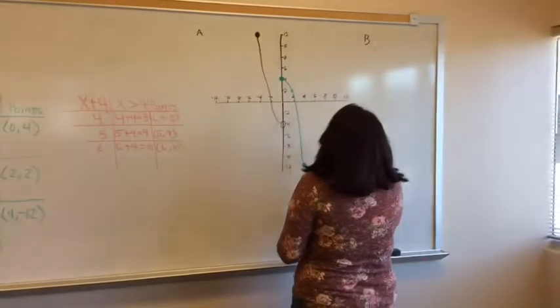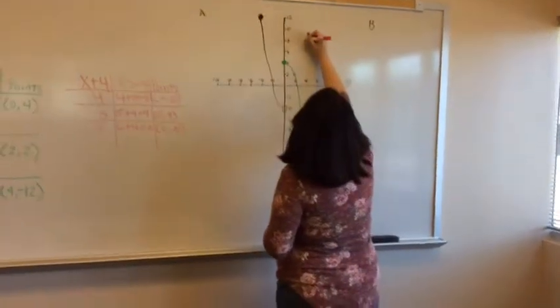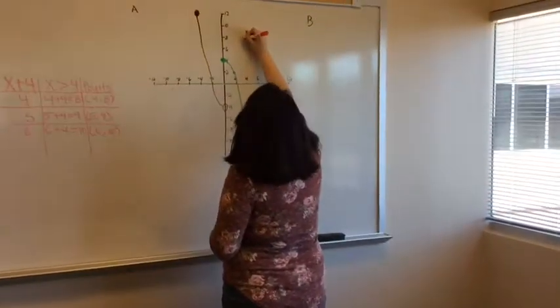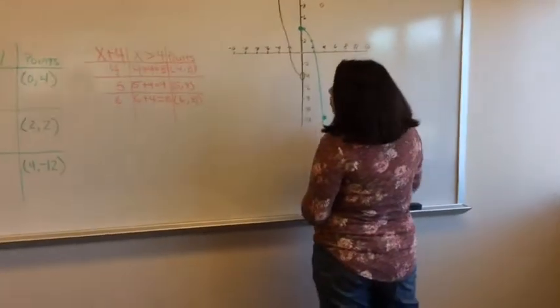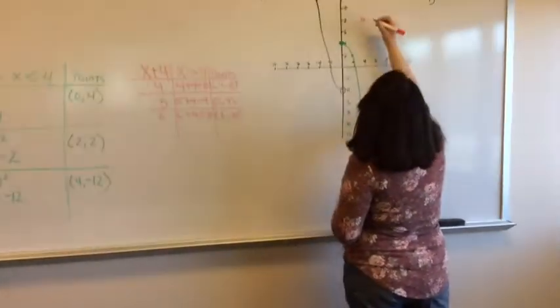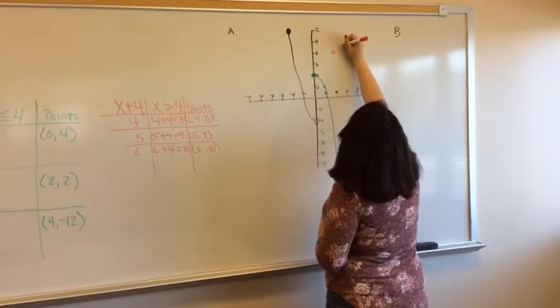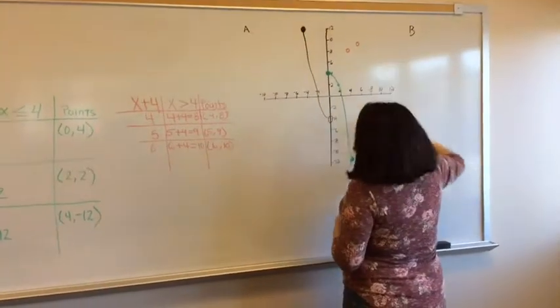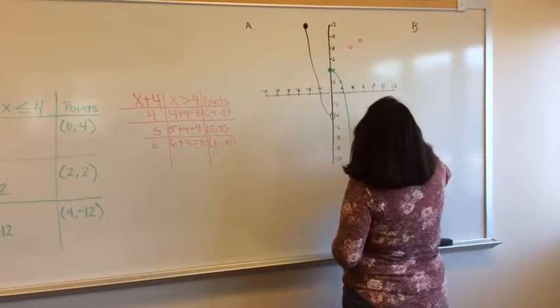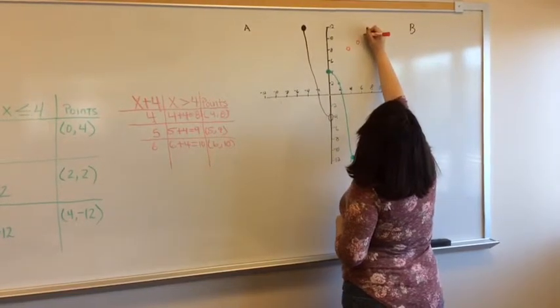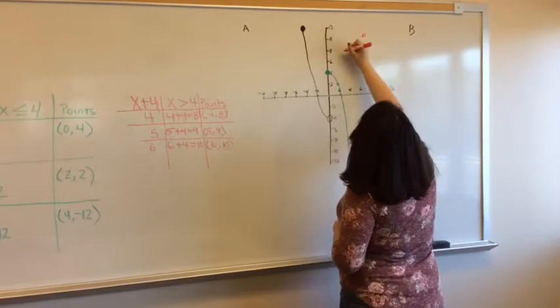So for our first point, it's (4, 8), which is right here, and it's going to be open. And our second point is (5, 9), which is about right here. And for our last point, it's (6, 10), which is about right there.